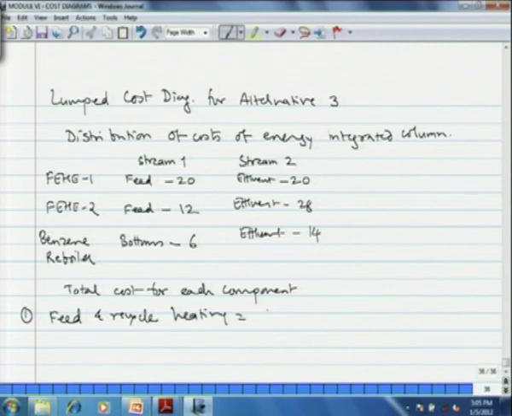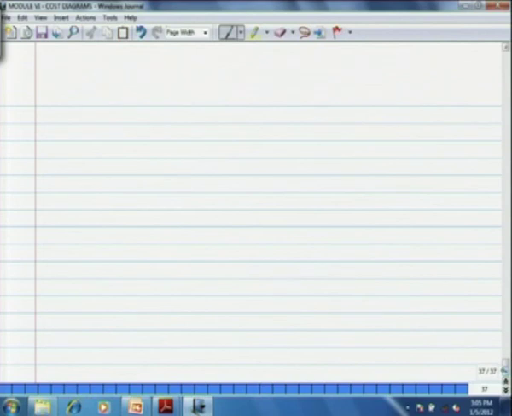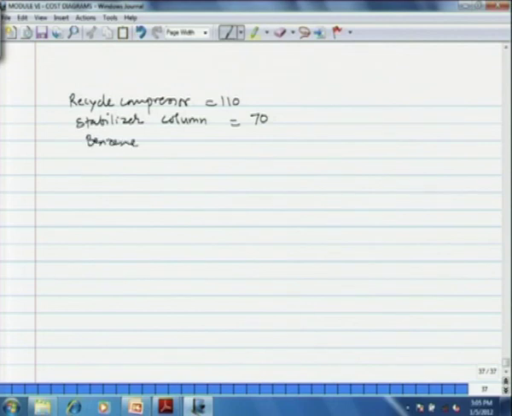Feed recycle heating $297,000, product cooling $122,000, reactor 200, then the recycle compressor 110, stabilizer column 70 and benzene column 181.